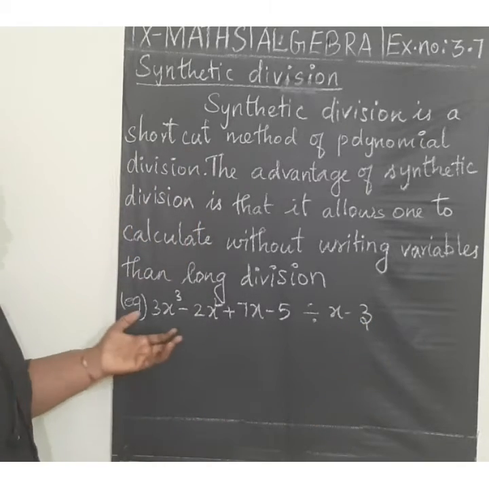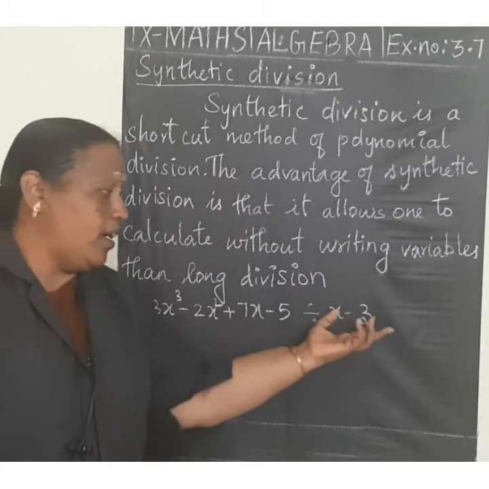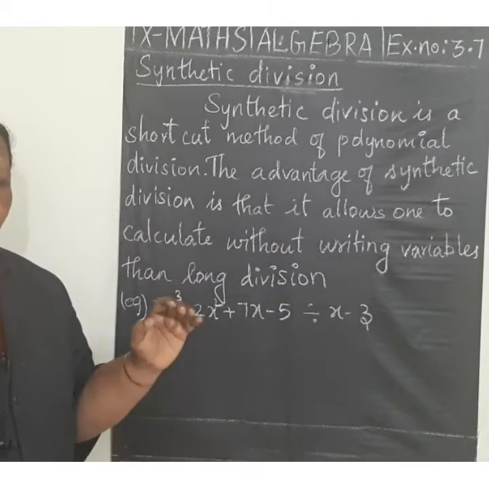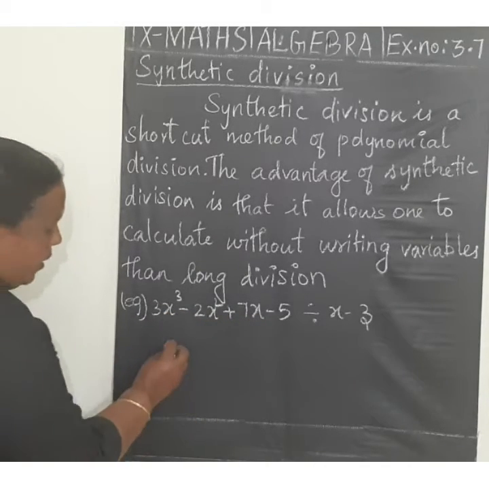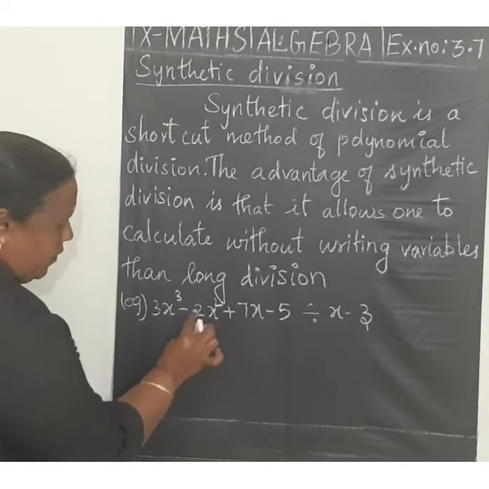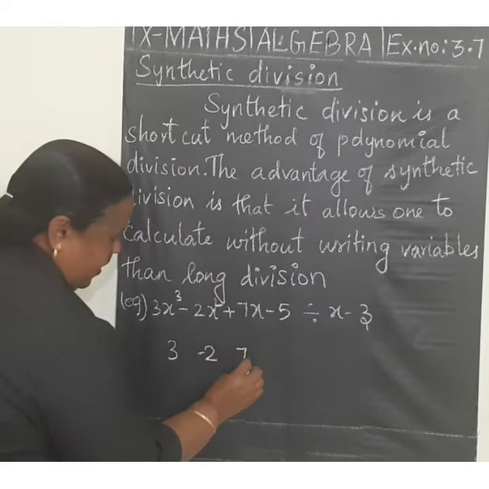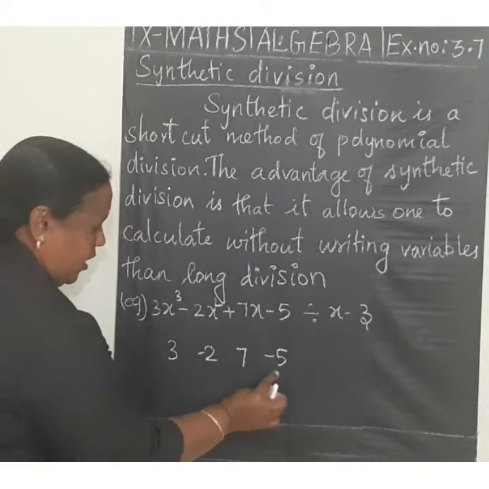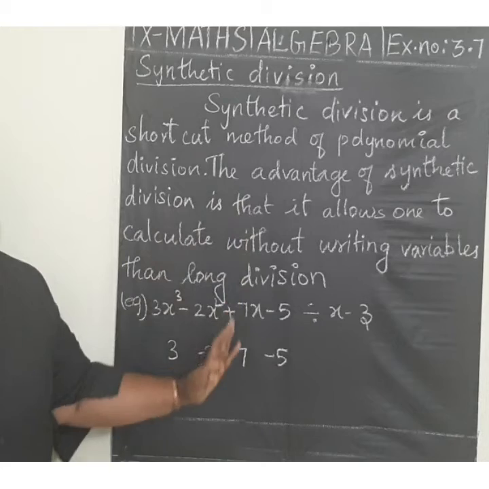In the long division method we took the full polynomial and divided by x minus 3. But in synthetic division we take only the coefficients of the variables: the coefficient of x cube is 3, of x squared is minus 2, of x is 7, and the constant term is minus 5. We take only these coefficients and divide them in the synthetic division method.